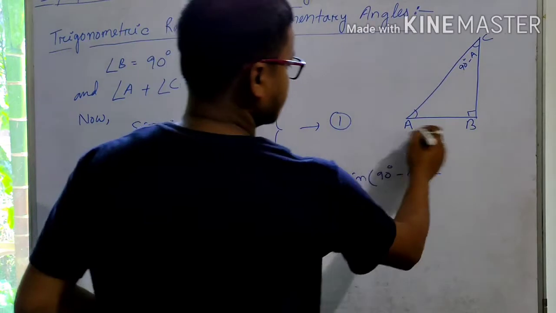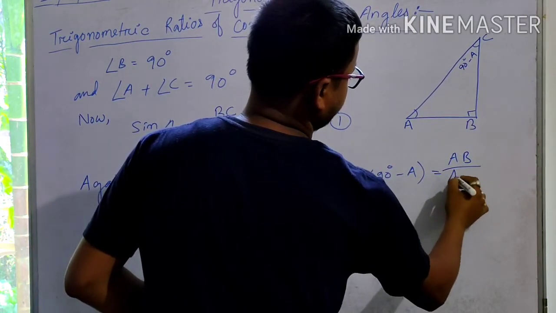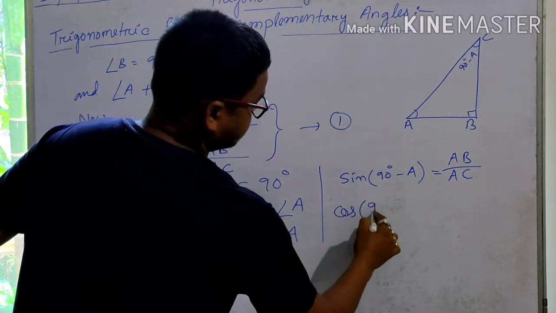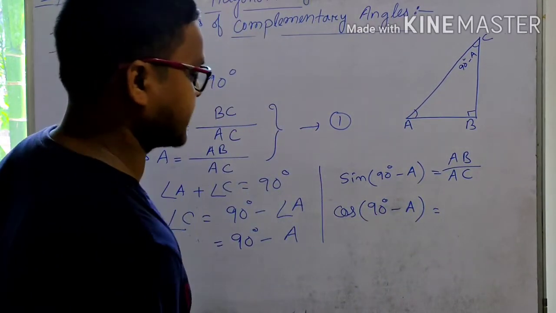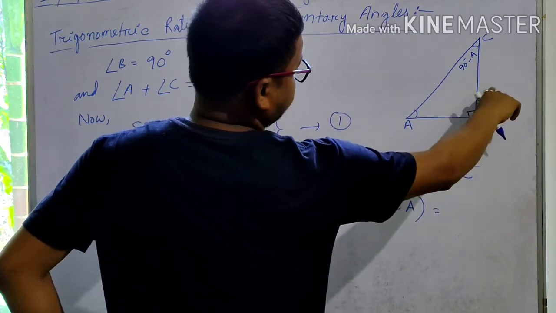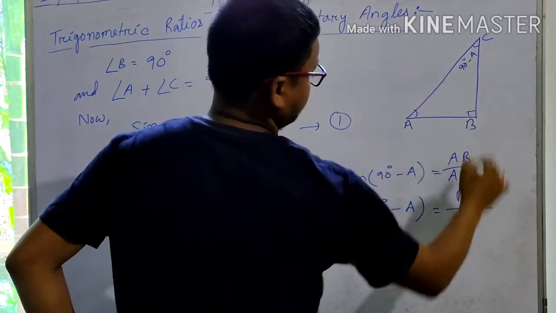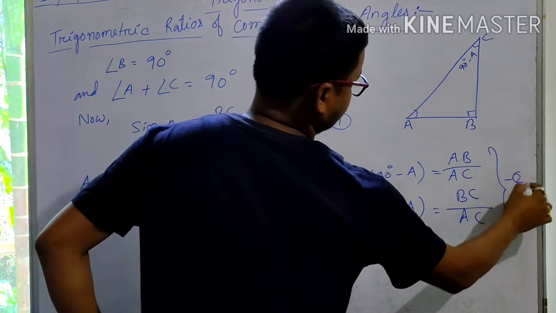The perpendicular is AB, so you get AB by AC. And for cos of 90 degrees minus A, you get base by hypotenuse. Your base is BC, so BC by AC. So this is equation 2.